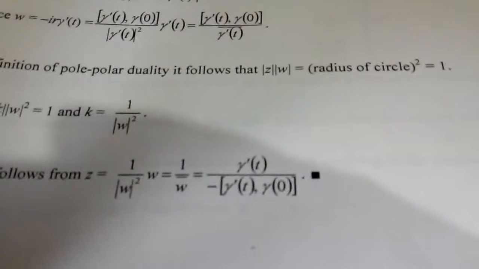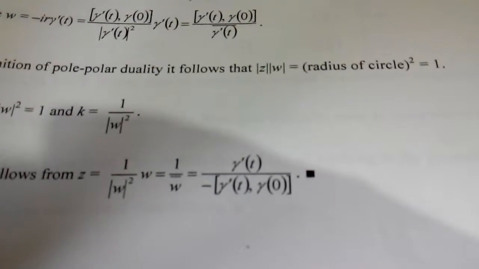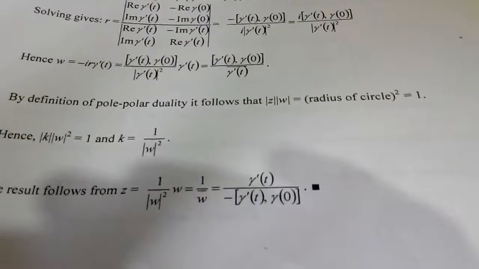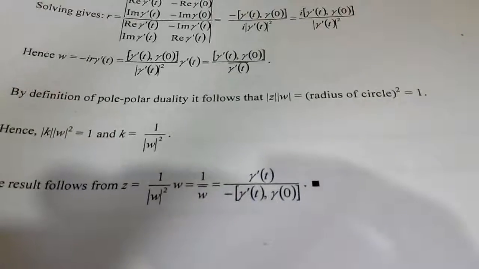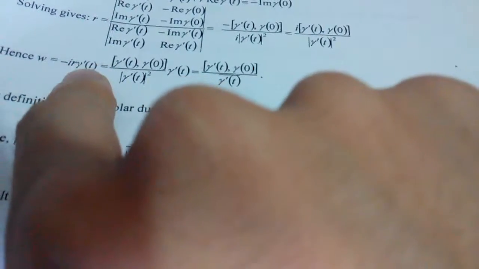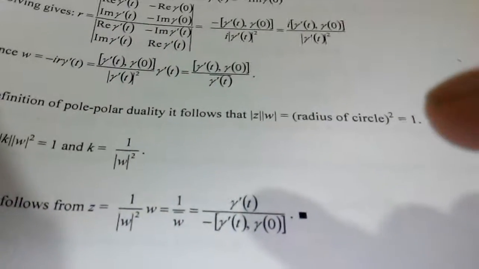If I consider 1 over W bar, then this is equal to W over the modulus squared of W. And I know that the modulus squared of W, well, what is the modulus squared of W? It is this number, R squared times the modulus squared of gamma prime t.